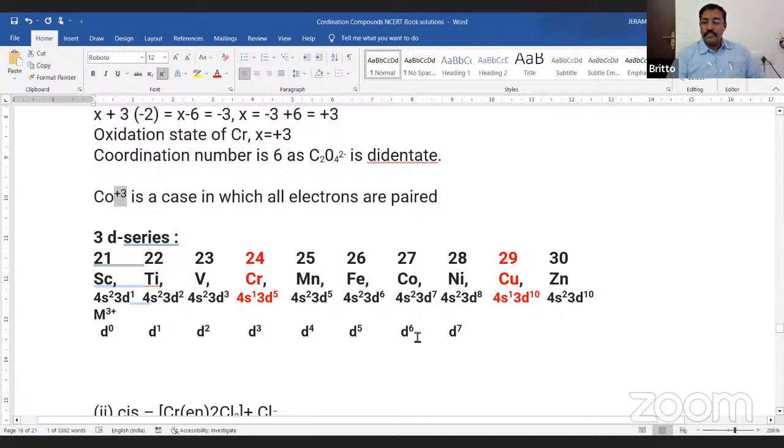We put 1 electron in each of the 5 d orbitals, and then the first d orbital gets 2, so you get 4 unpaired electrons in the high spin complex. If the ligand is a strong ligand, the 6 electrons are going to be paired, all electrons are paired, and you get a low spin complex.